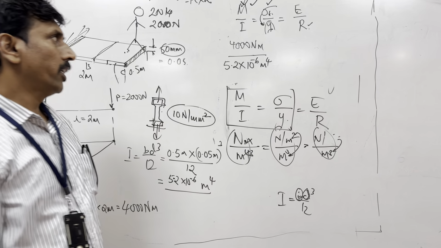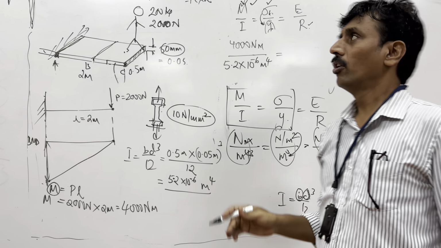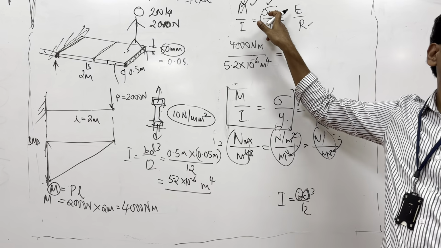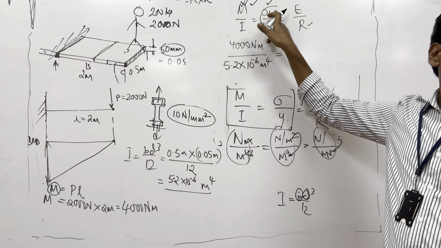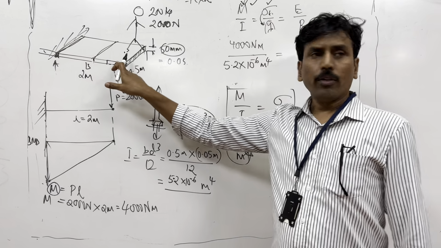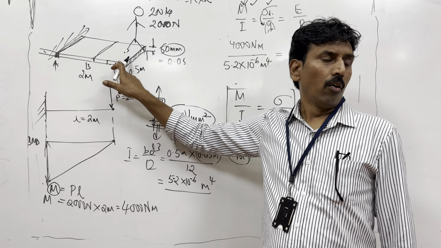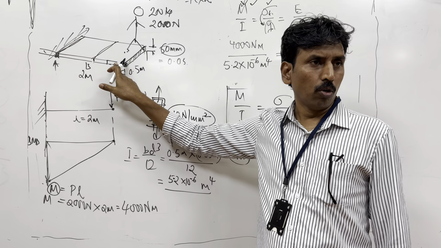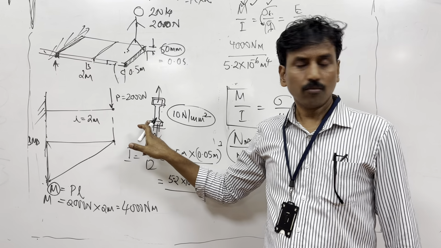And then sigma B. Guys, what should I substitute here? Sigma B, can you tell me? I took a sample out of this diving board and sent it to the lab. Now what did they say?